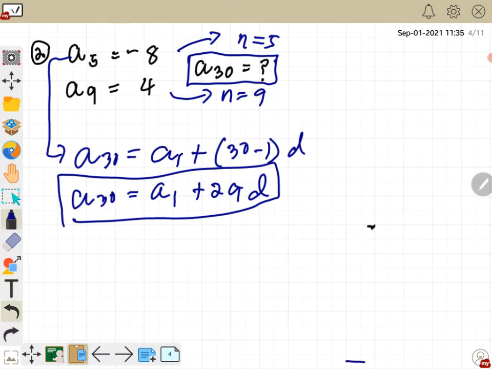So how do we do that? We need to find the d and the first term using the available information. In this problem, we have a sub 5 equals negative 8 and a sub 9 equals positive 4.